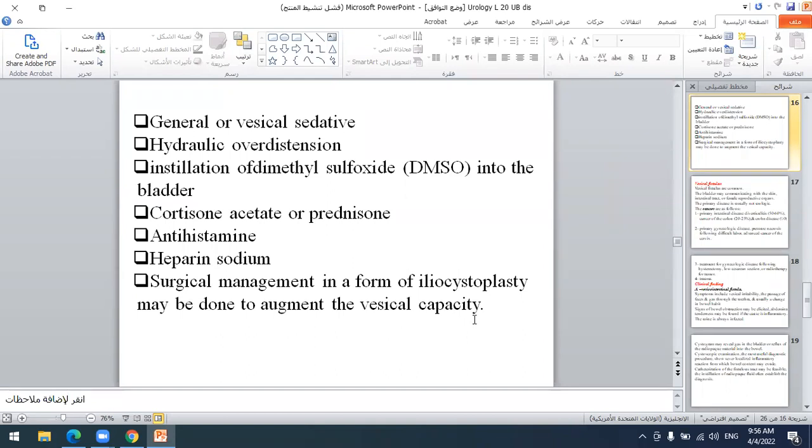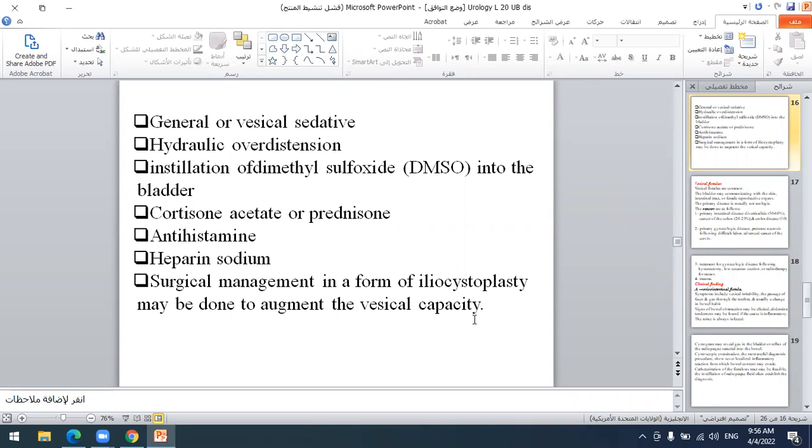It occurs because of fibrosis in the middle layer of the bladder, and also there is an area of ulcer called the Hunner ulcer. When we enter by scope, we see an area of ulceration in the bladder, especially in the dome, and this area is highly vascular and bleeds on touch.